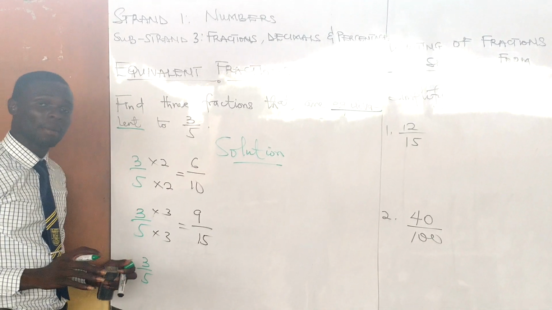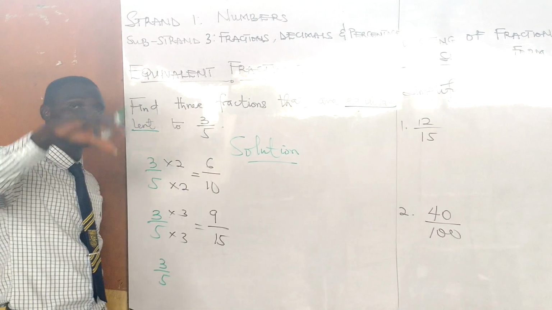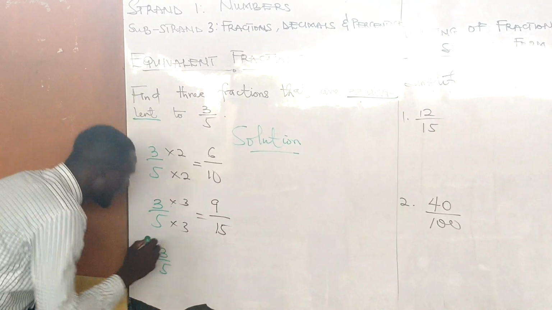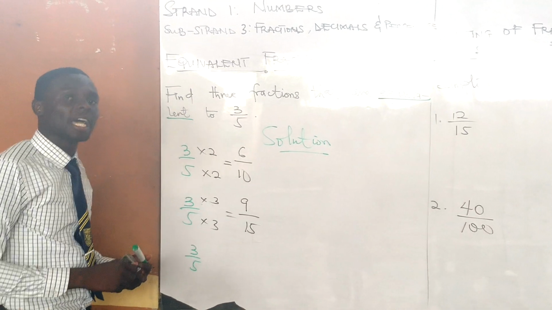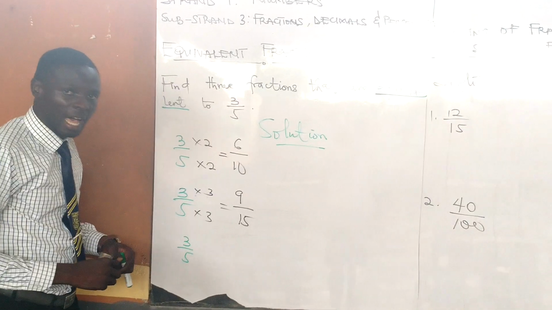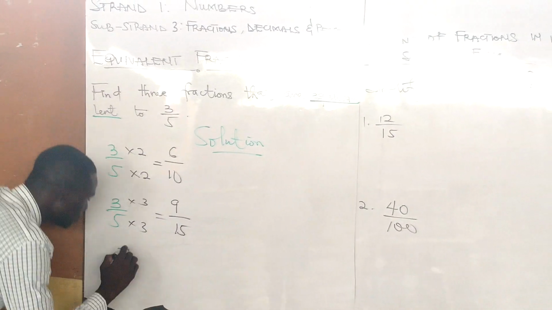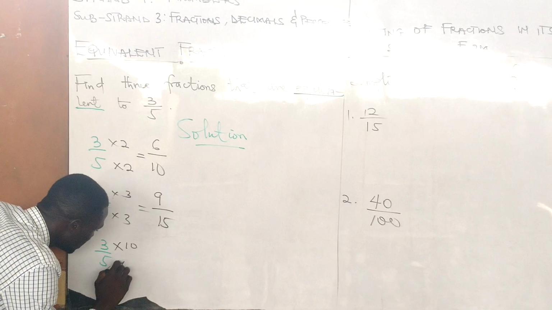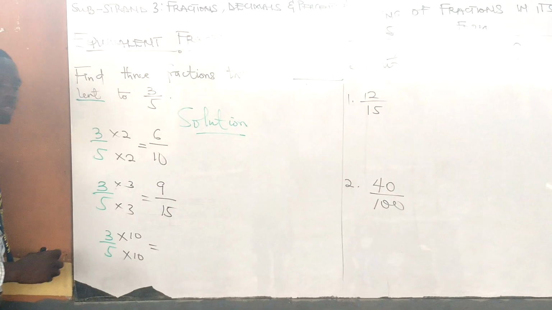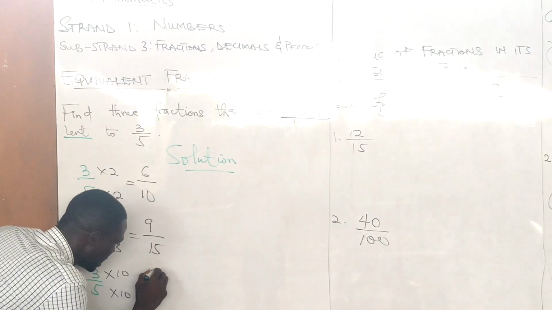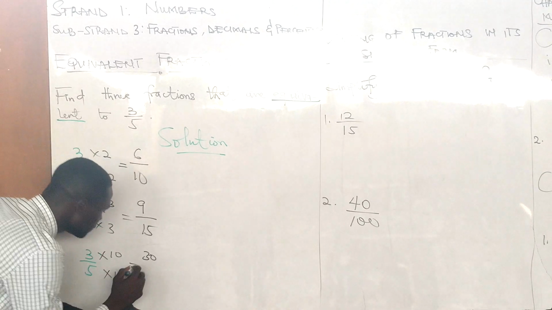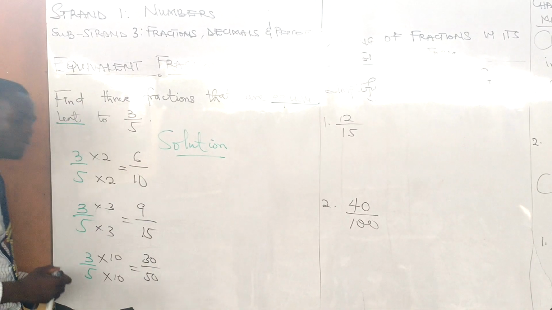So let's say this time I want to pick 10. If you select 10, you multiply the numerator by 10, then also multiply the denominator by 10. So this times 10, this times 10, which is equal to 3 times 10 is 30, and 5 times 10 is 50.